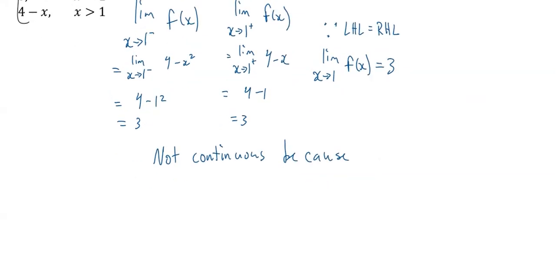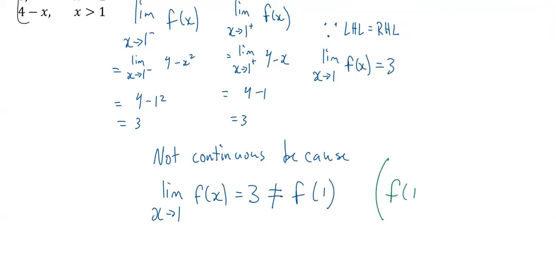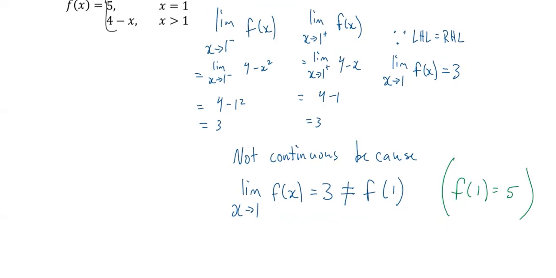But because the limit as x approaches 1 of f at x equals 3, which does not equal f at 1. F at 1 equals 5. Are we okay there?